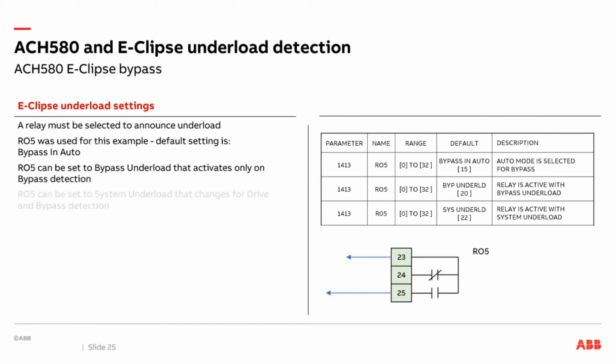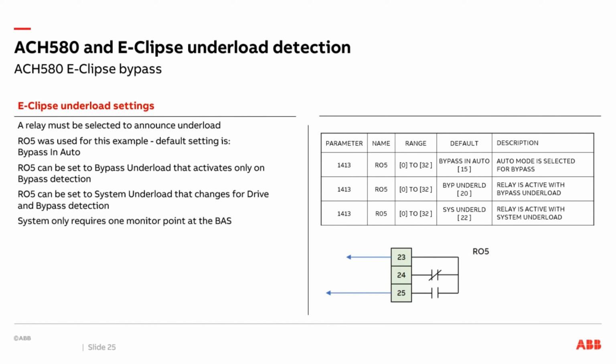Another option is to choose system underload. This activates relay output 5 when either VFD or bypass underload is detected. And since underload conditions apply in either mode, system is the recommended selection, and monitoring can be hardwired or by a comms connection.